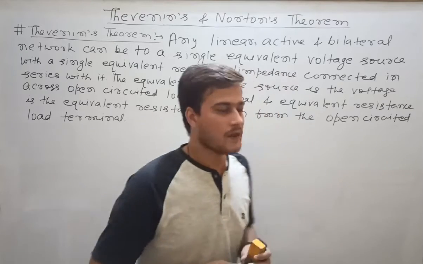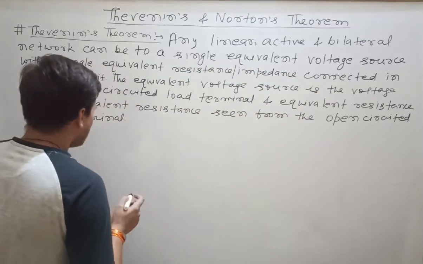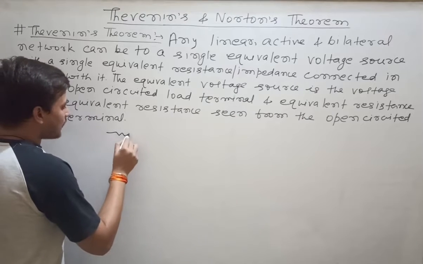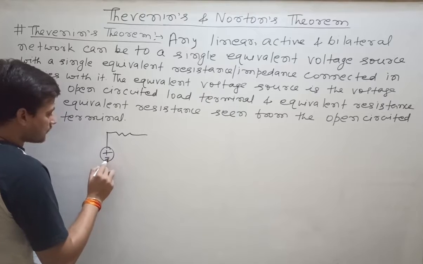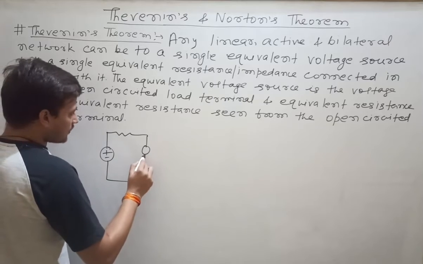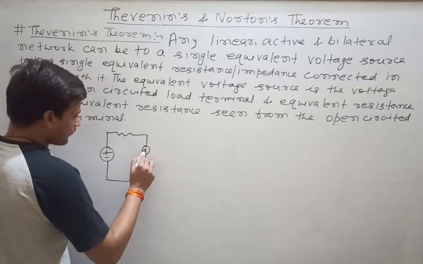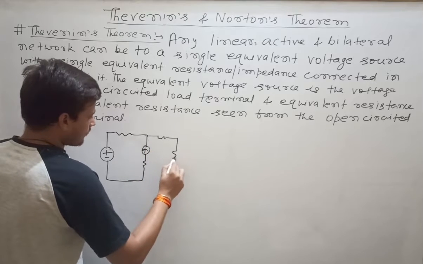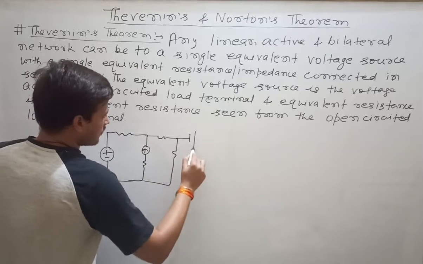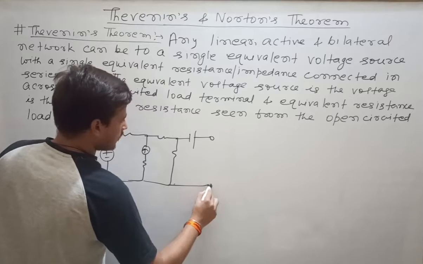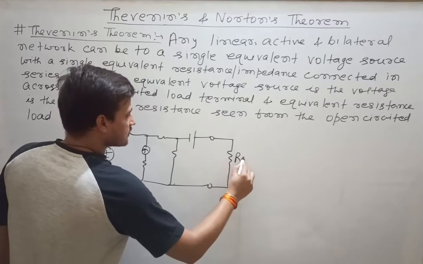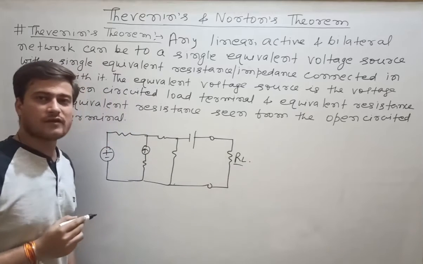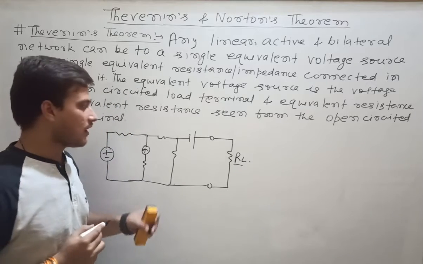What does it mean? It means, suppose we are having a complex network like this. And now across this network a load resistance RL is connected.